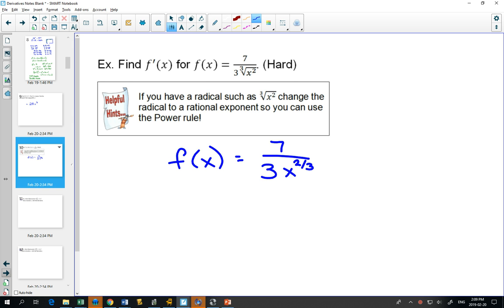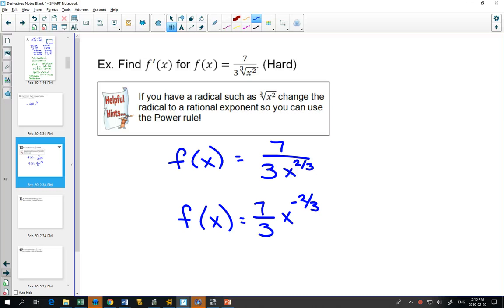This still isn't a power because it's in our denominator, but then we can use our negative exponent rule, and that x to the 2/3 in your denominator is the same as an x to the negative 2/3 in your numerator.